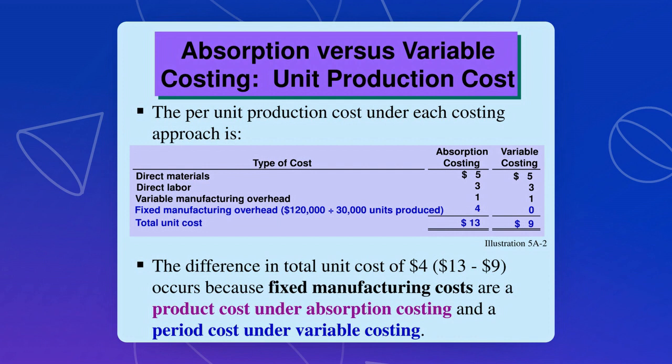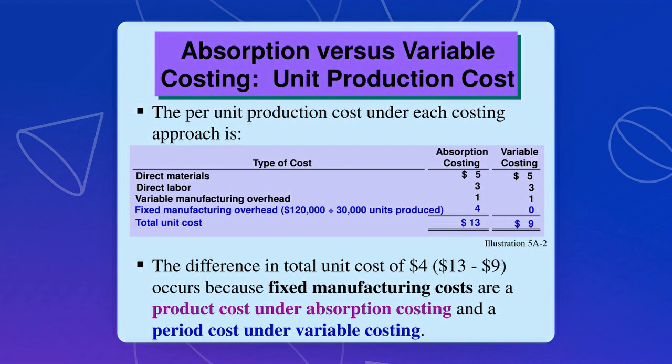Please take note of the blue font. The fixed manufacturing overhead, which is 120,000 divided by 30,000, is part of your inventoriable cost in your absorption costing.